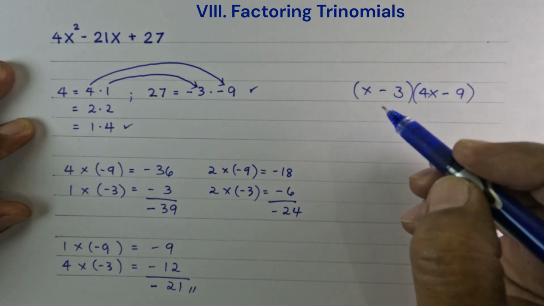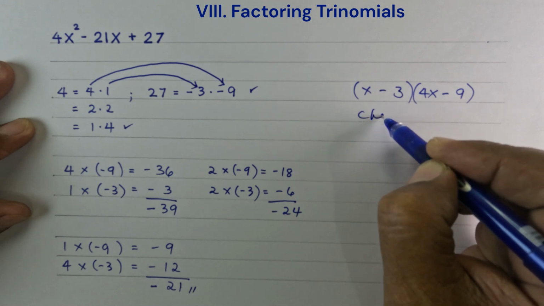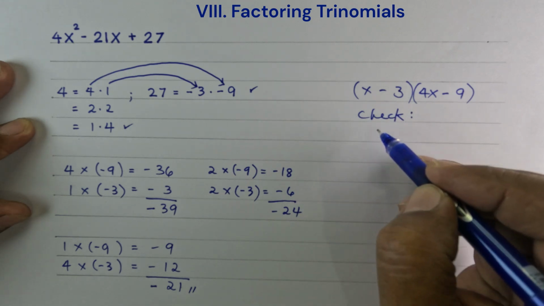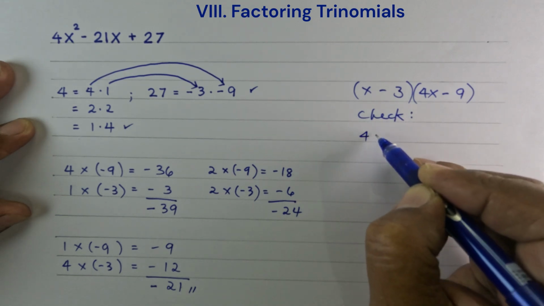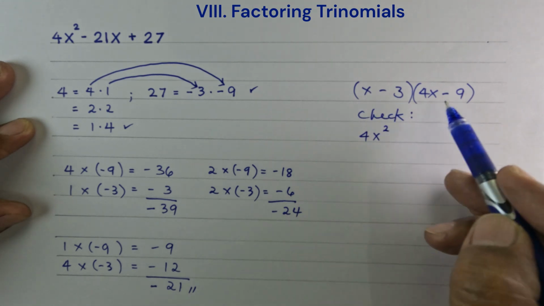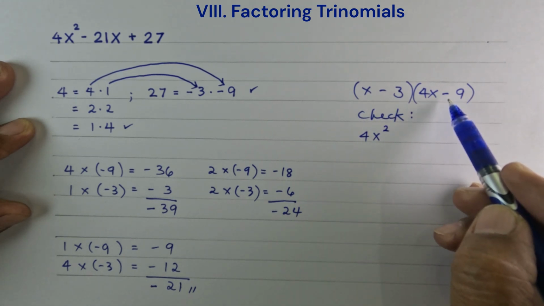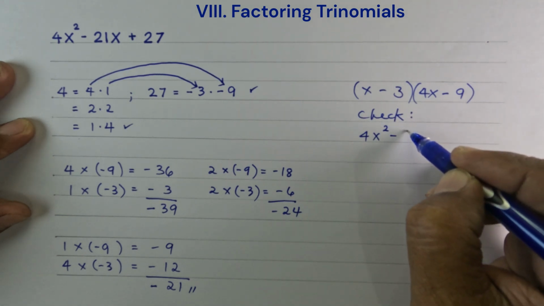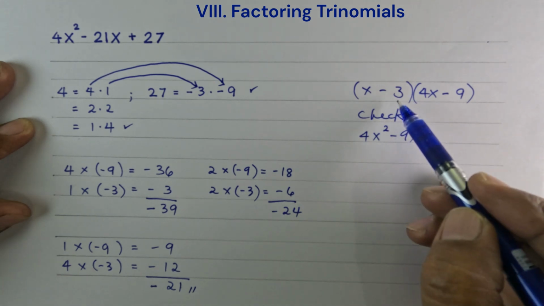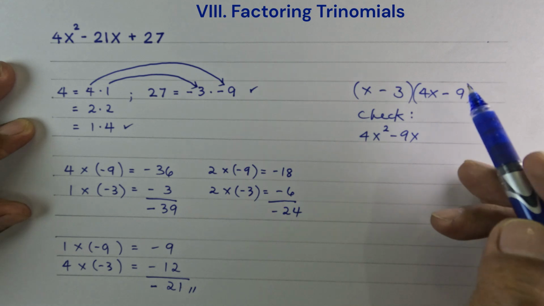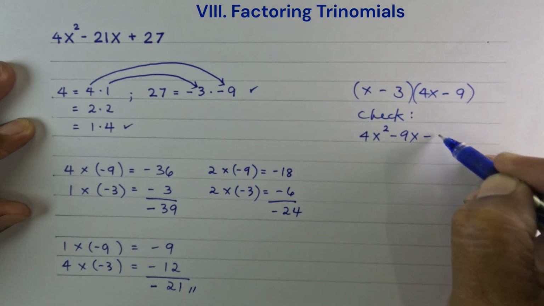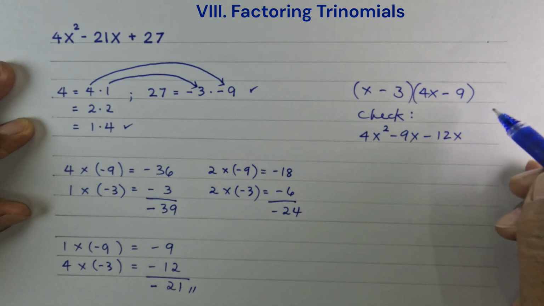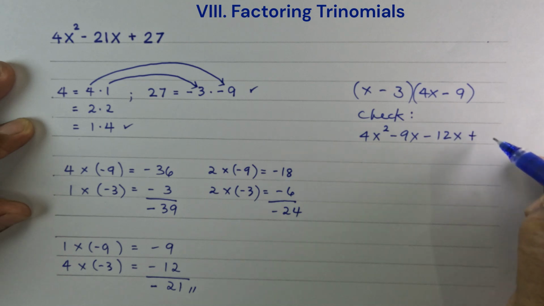Now let's check if this factoring is correct. X times 4x is 4x squared. X times negative 9 is negative 9x. Negative 3 times 4x is negative 12x. Negative 3 times negative 9 is positive 27.